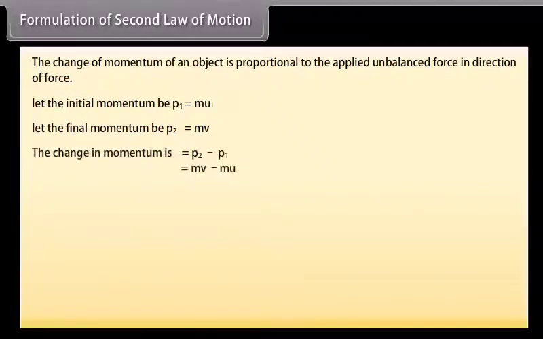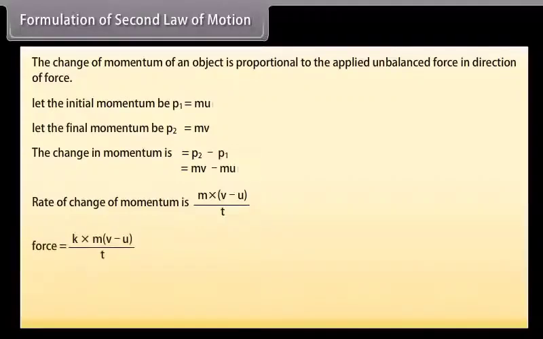The change in momentum is P2 minus P1, which equals mv minus mu. The rate of change of momentum is m into (v minus u) whole upon t. Force is equal to k into m into (v minus u) whole upon t. Force is equal to kma, where k is the proportionality constant.